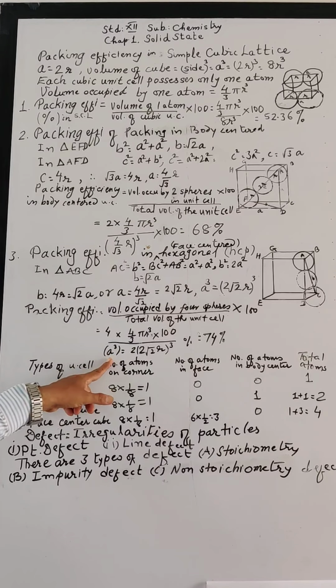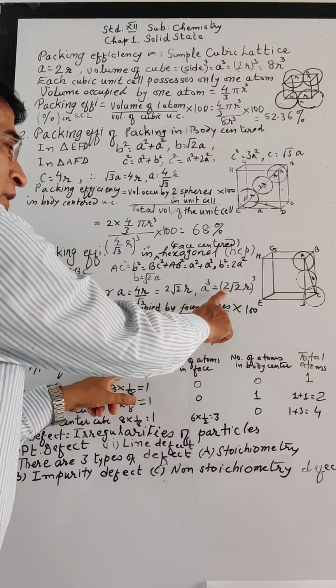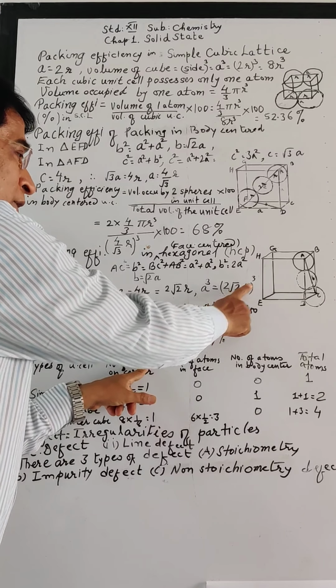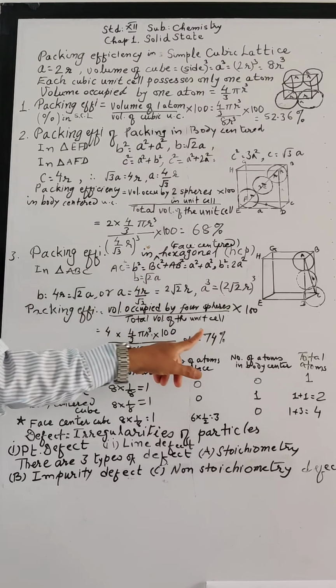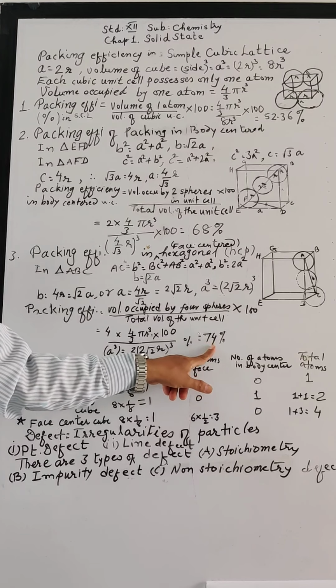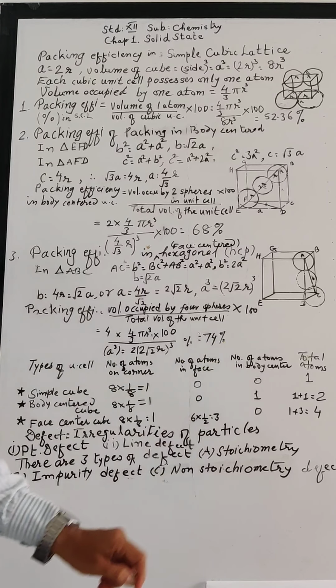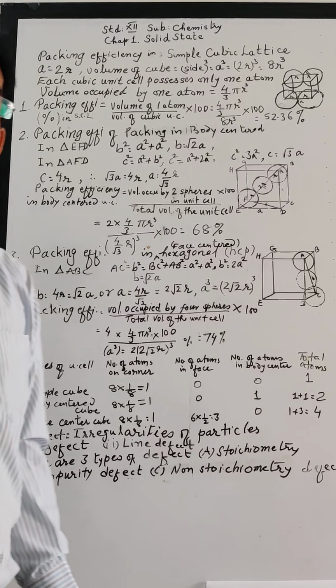The value of A cube is equals to 2 root 2 r cube. So packing efficiency of hexagonal is equals to 74%.